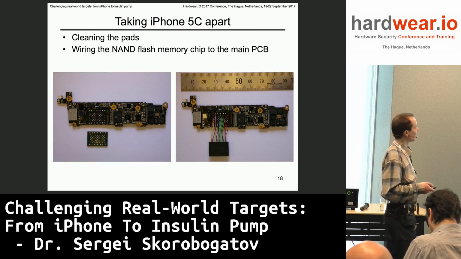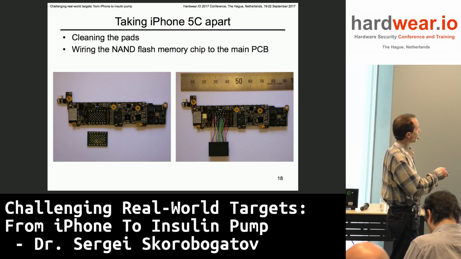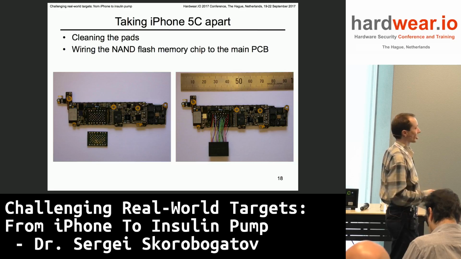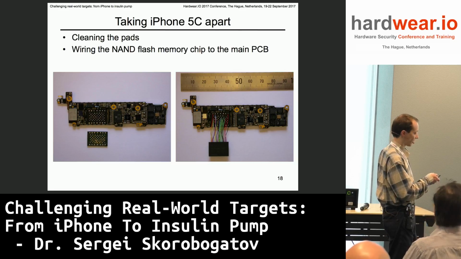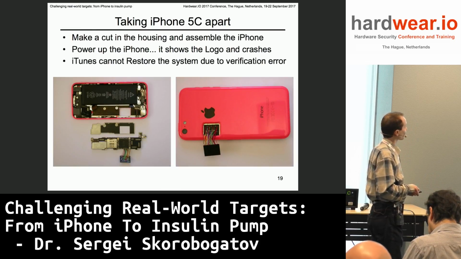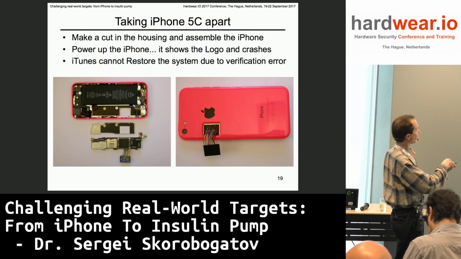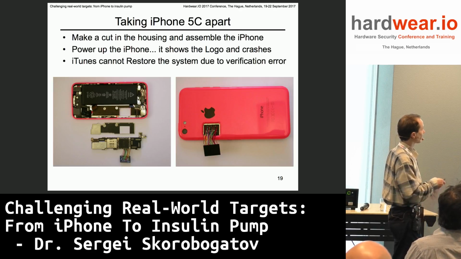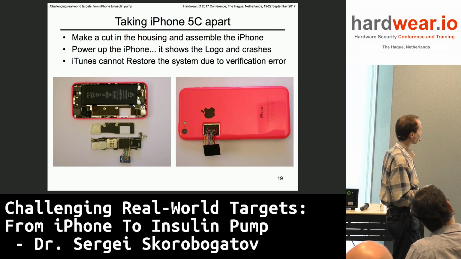So this is how it looks, and after desoldering the flash, I then rewired it back to make sure that everything works like a normal phone. And then I made a cutout in the iPhone case so that I can use it in a normal way.